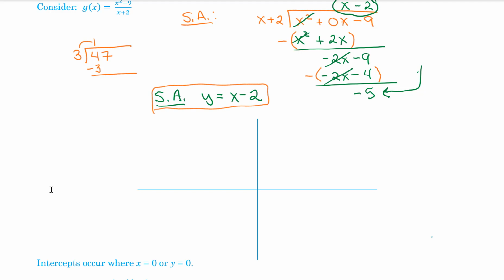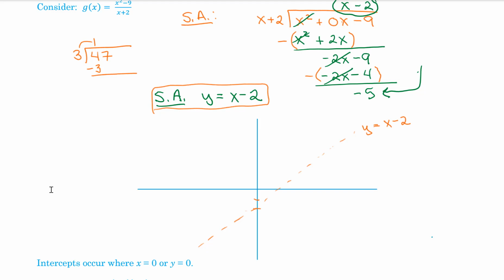So what I need to do is graph the line y equals x minus 2, which means I need to come down 2. It's going to be at a 45-degree angle since the slope is 1, and I'm just going to put in a line like this. And I'm definitely going to label this as y is equal to x minus 2, so I know what that slant asymptote actually looks like.